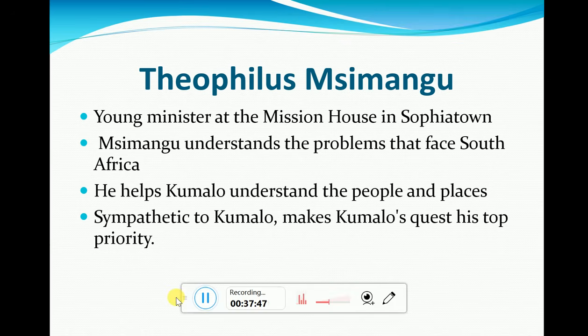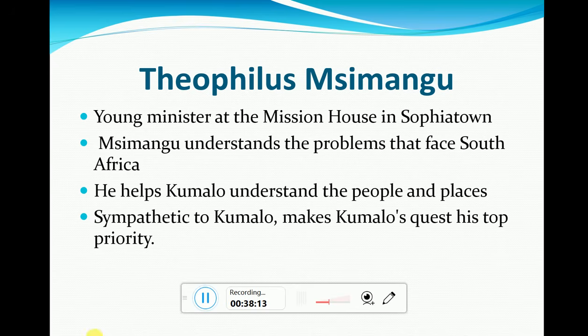He is also going to assist him to be accommodated by Mrs. Ditebe, who's going to accommodate Reverend Stephen Kumalo at Johannesburg. Theophilus is very sympathetic and very supportive. He's going to be by Reverend Stephen Kumalo's side throughout the journey, especially in Johannesburg, in search for his family members.